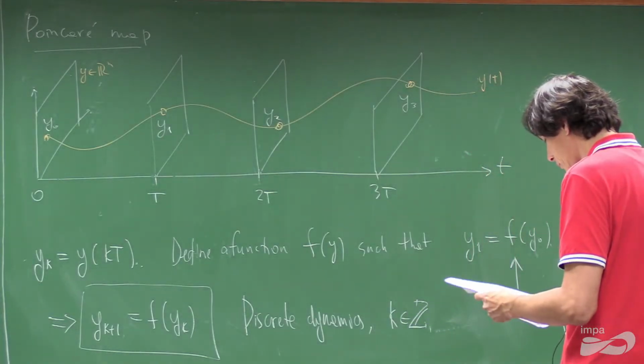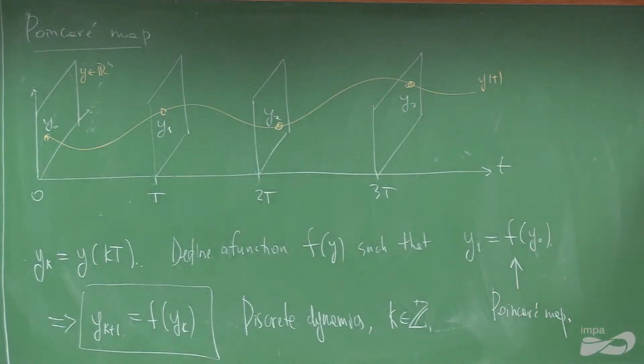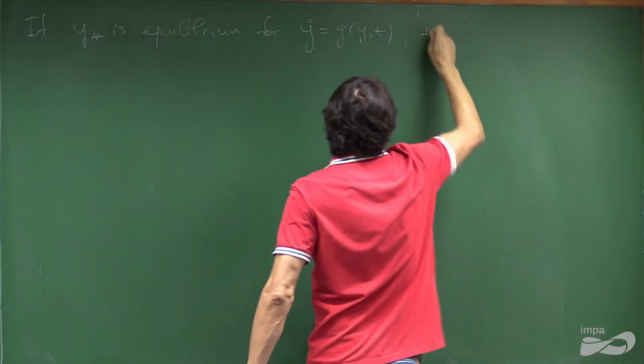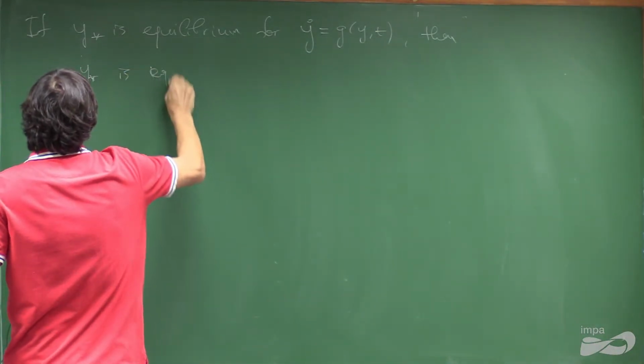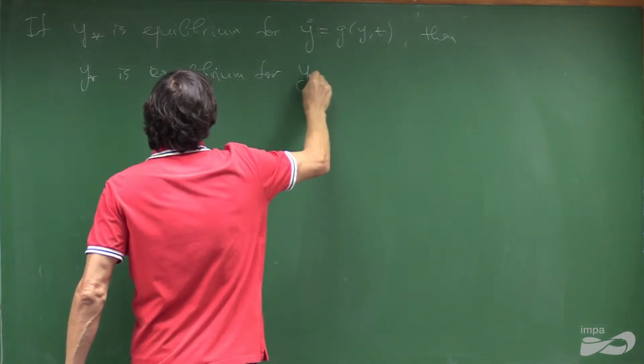Also, what is good to see is that if y star is an equilibrium for the continuous system, then y star is an equilibrium for the discrete system.